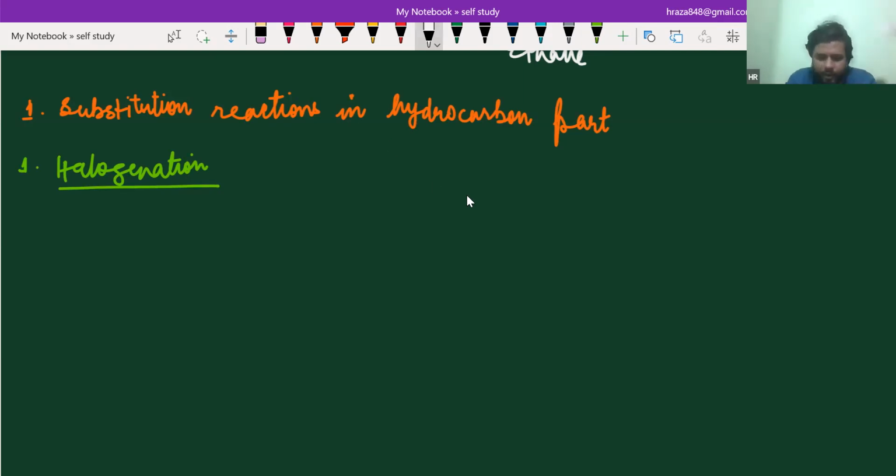That's why it is substitution. And this is a very important name reaction, and its name is Hell-Volhard-Zelinsky reaction. So I'm going to write a point about this.